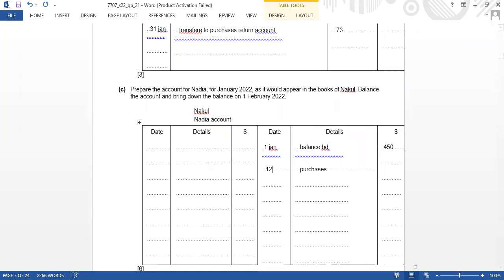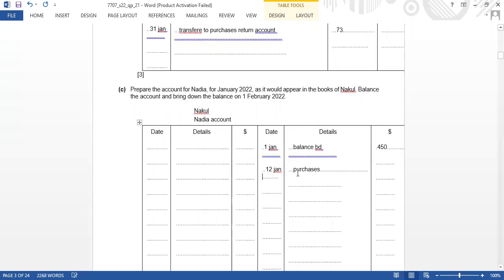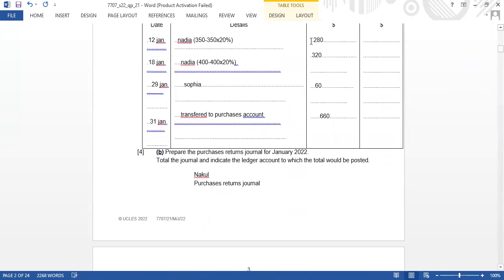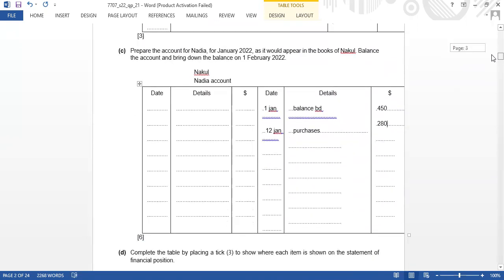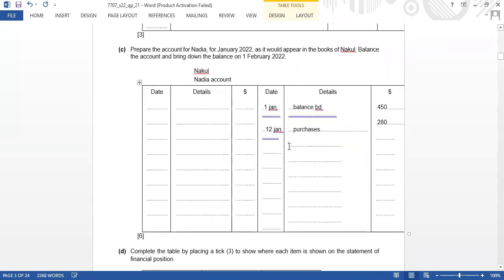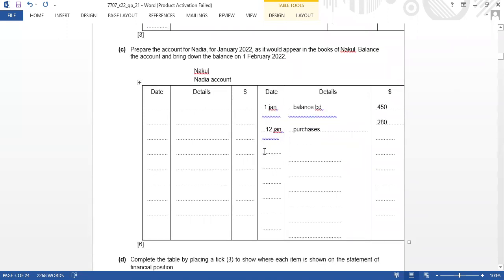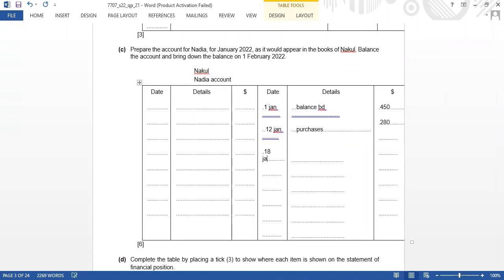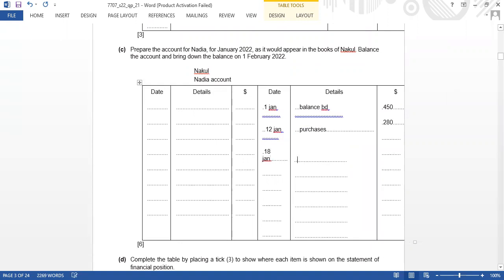On 12 Jan, purchases of 280, which is already calculated above. And on 18 January, purchases of 320.